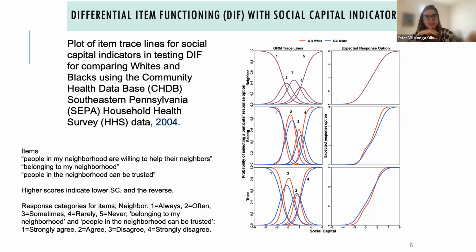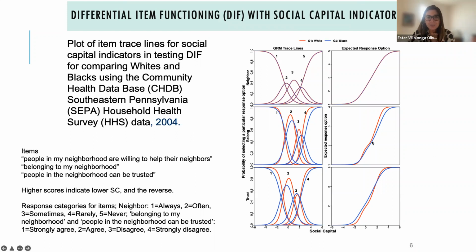I put the items here. Probably these sound quite familiar to you: people in my neighborhood are willing to help their neighbors, belonging to my neighborhood, and people in the neighborhood can be trusted. It's important to say that higher scores indicate lower social capital, and the reverse. Here are the graphs, with the two-group analysis first.